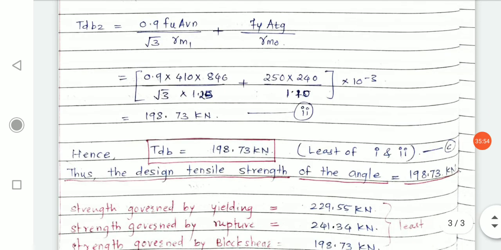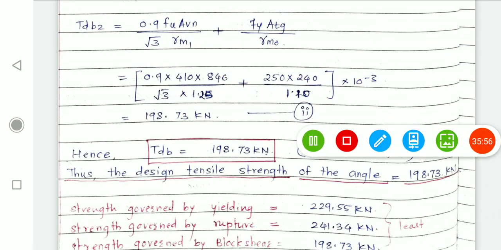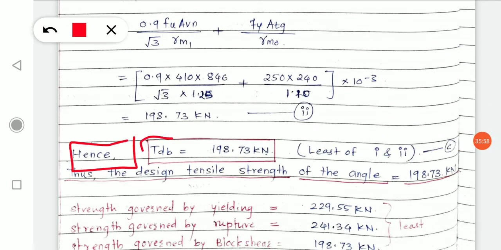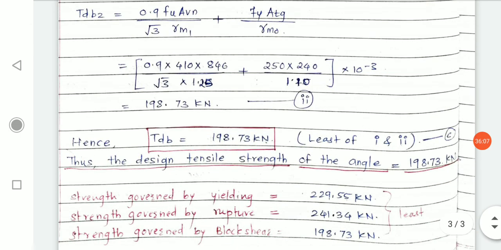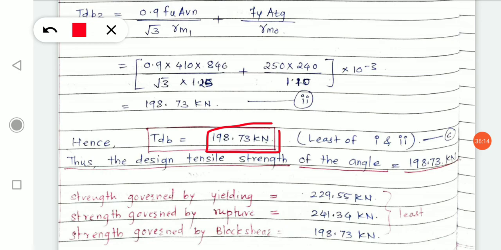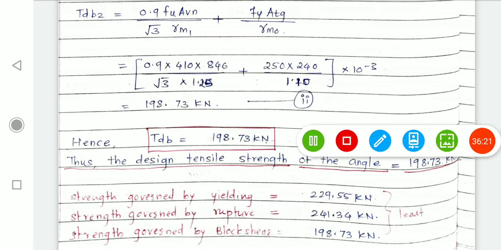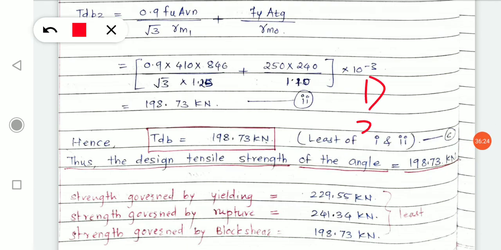Hence the TDB will be 198, because we have a value of 243 for TDB1, and in TDB2 we got 198. As I said, we have to consider the least one. I have considered TDB as 198. This is how we have calculated the three strengths in modes of failure.